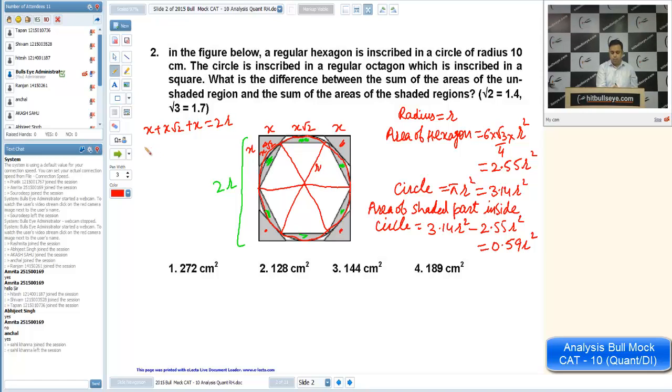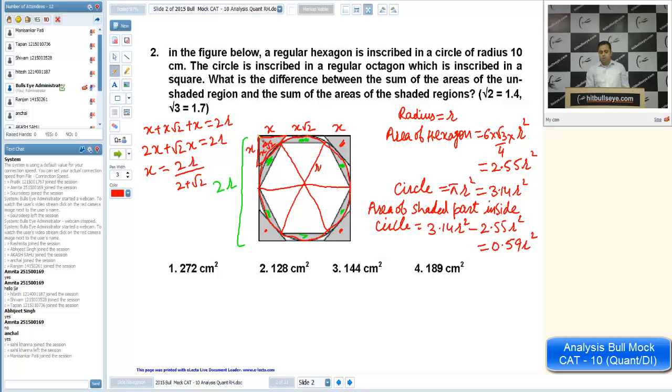From here I can write it as 2x plus under root 2x is equal to 2r, or from here the value of x will be equal to 2r divided by 2 plus root 2. So this is the side of this corner triangle.